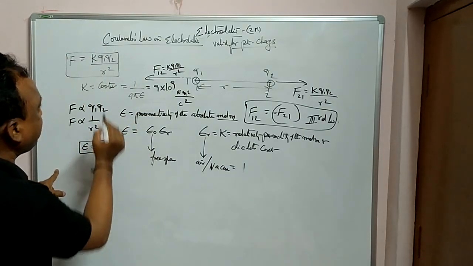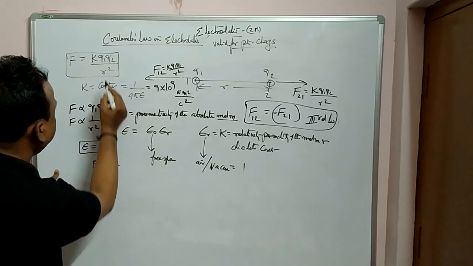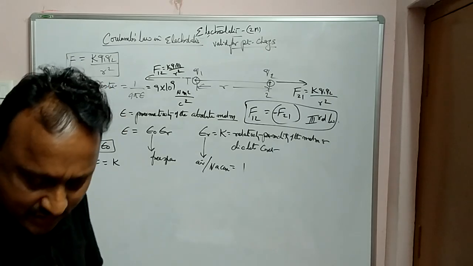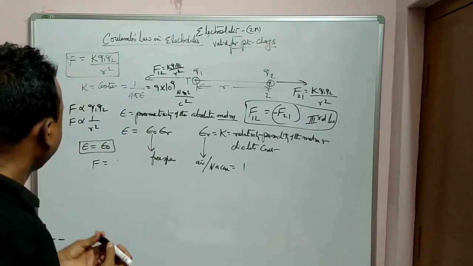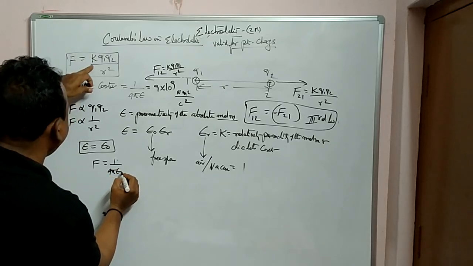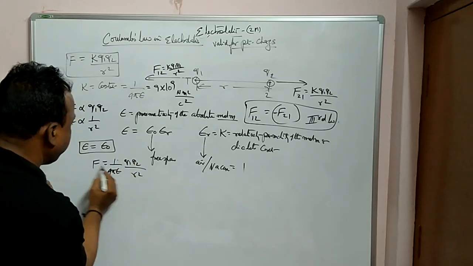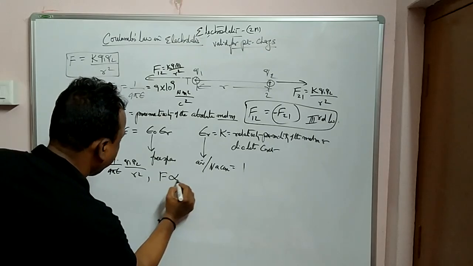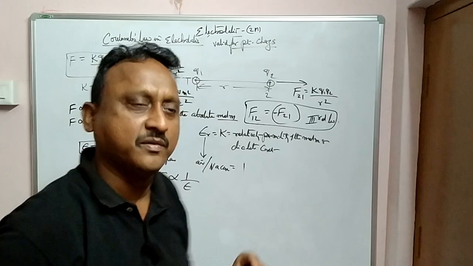Therefore, here is one thing you should notice. F is equal to 1 by 4 pi epsilon, where K is that value, times Q1 Q2 by R square. Very important thing here, you have to understand. What happens here? F is inversely proportional to epsilon, the permittivity of the medium.